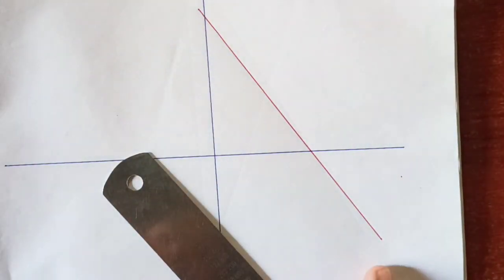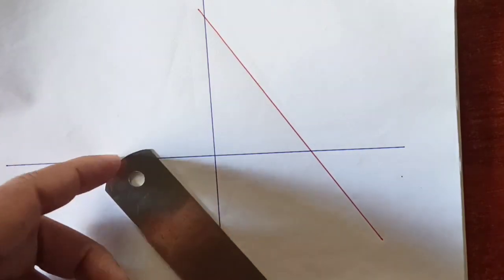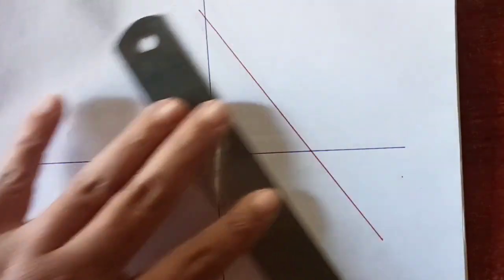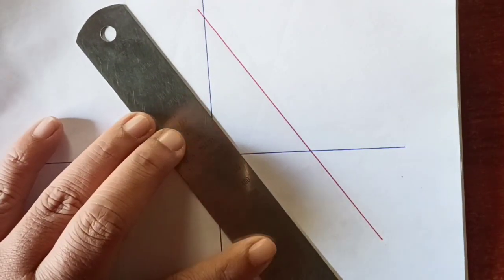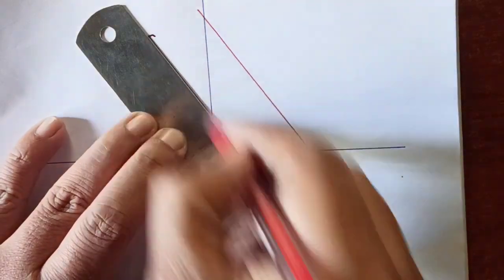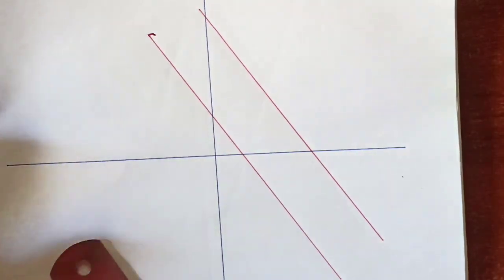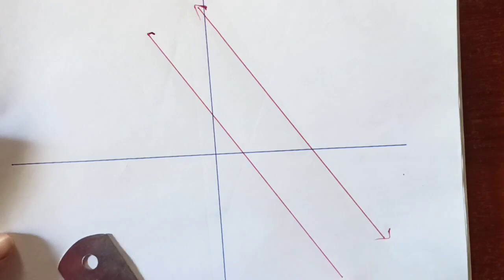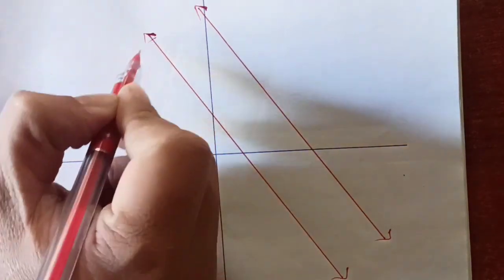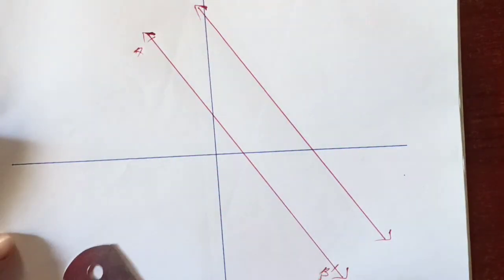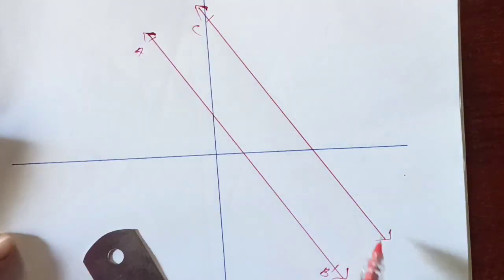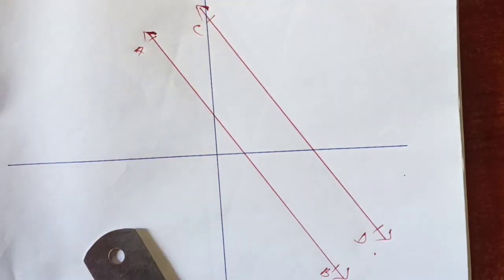This is the line of one equation. Then when we draw a line of another equation, let's say that I get like this. Now let us name this one. Let us say that this is A, this is B, this is C, then this is D.